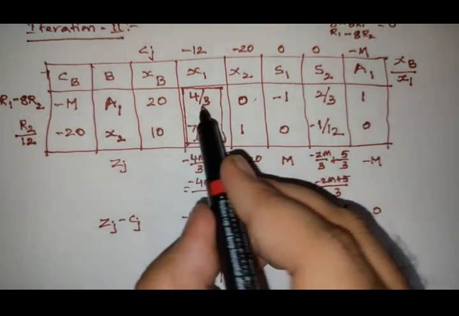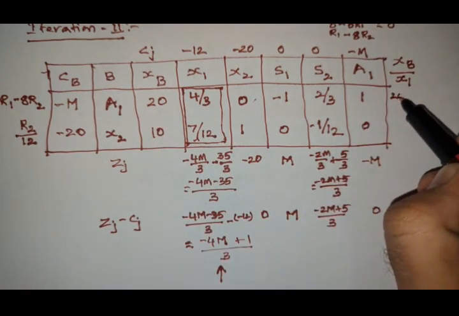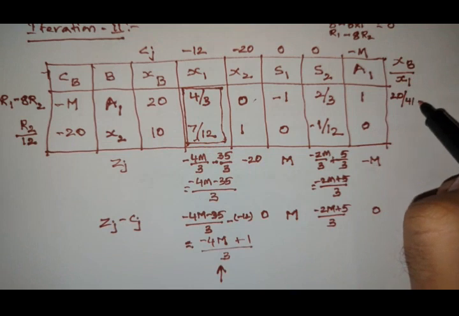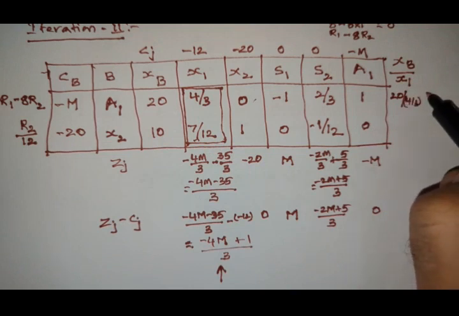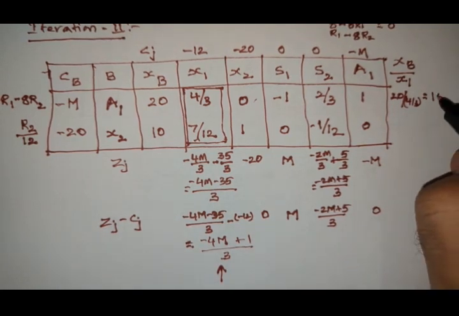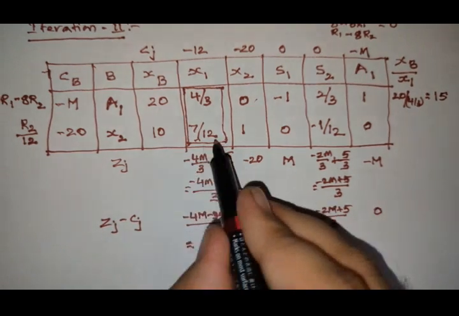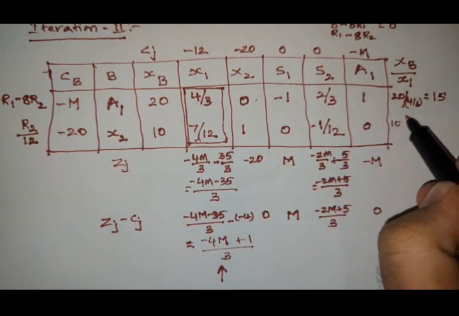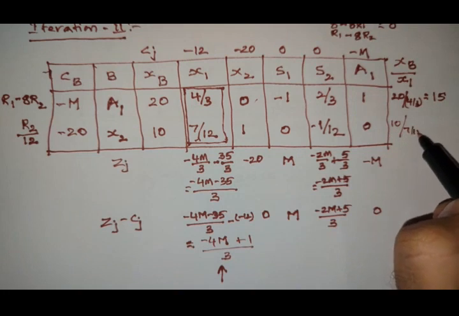Now let us find the ratio xb by x1. So 20 by 4 by 3. So how much will we get? So we will get 60 by 4. 60 by 4 means 15. Next, 10 by 7 by 12.